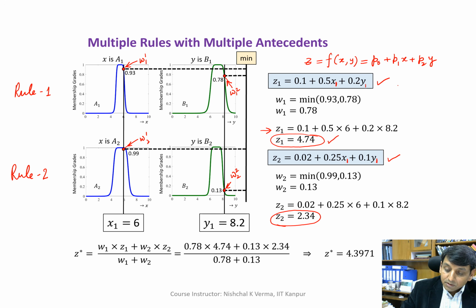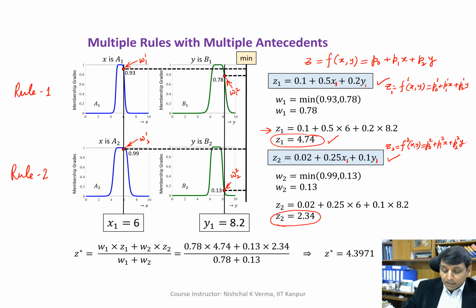So please understand here that Z1 is like this. Z1 is F1 of x, y, and this is of this form, P0 1 plus P1 1 x plus P2 1 y. Similarly, our Z2 is F2 of x, y is equal to P0 2 plus P1 2 x plus P2 2 y.